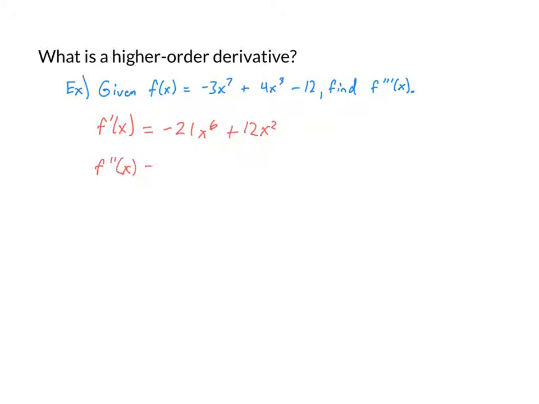The second derivative, f double prime of x, would be negative 126x to the 5th plus 24x squared. And then that makes the third derivative, f triple prime of x, equal to negative 630x to the 4th plus 48x.